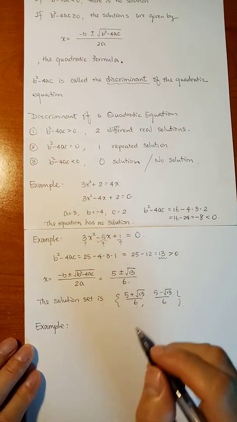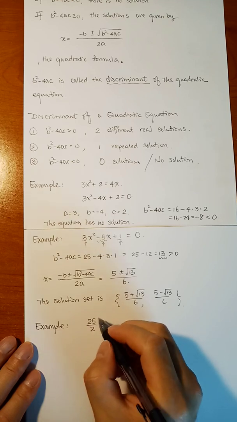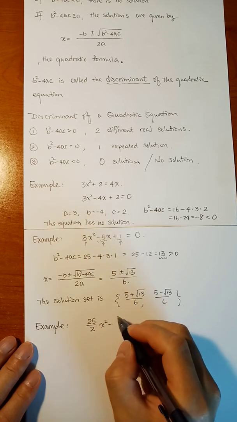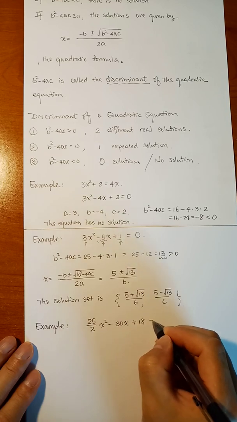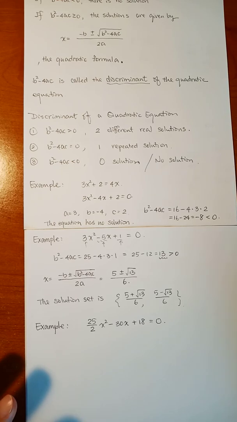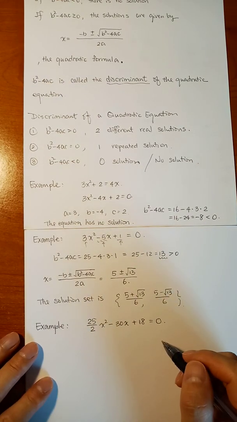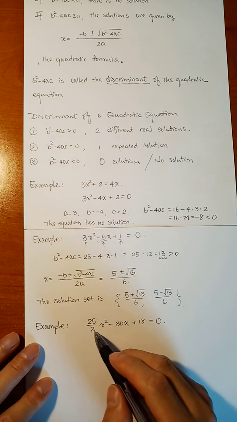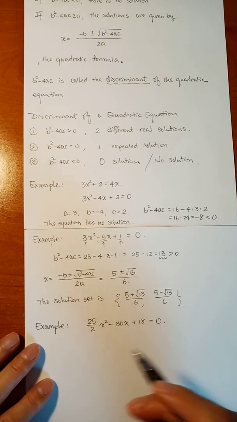Next we're going to solve this equation: 25 over 2 x squared minus 30x plus 18 is equal to 0. When we solve a quadratic equation using the quadratic formula, it doesn't matter if you multiply this equation by any number.